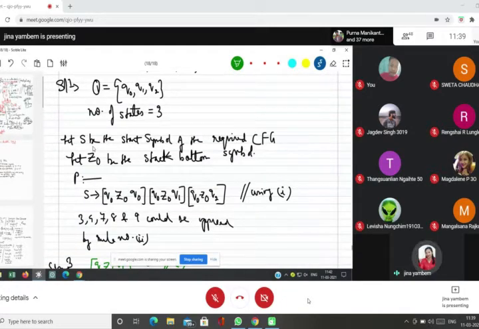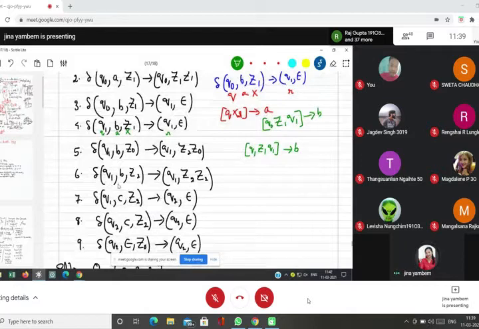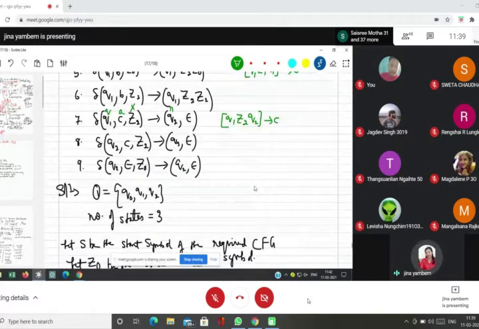Now next one is 7. This one is Q, A, X, R. So for this one, it will be Q1 Z2 Q2 replaceable by C. Let me write all three in this format, and later I'll copy and paste.